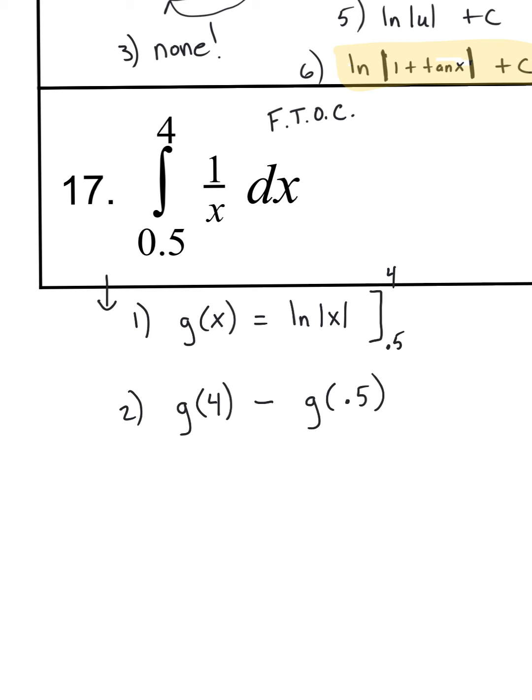When I plugged in 4, I got 1.39. Make sure you're doing this. When I plugged in 0.5, I got negative 0.69. So my answer is 2.08. And that, of course, is an area, the area between 0.5 and 4 under the curve 1 over x.